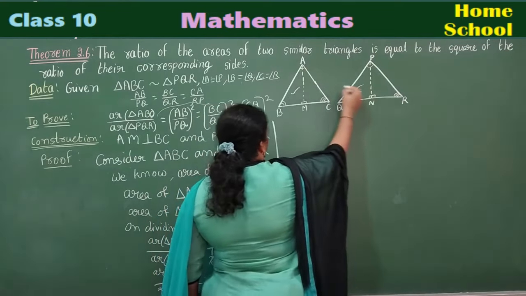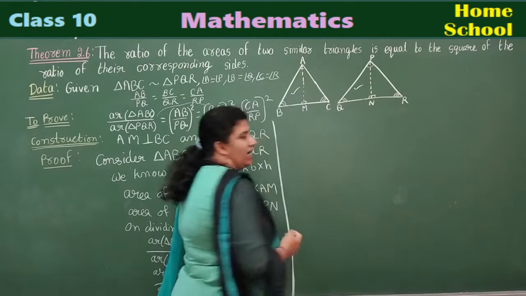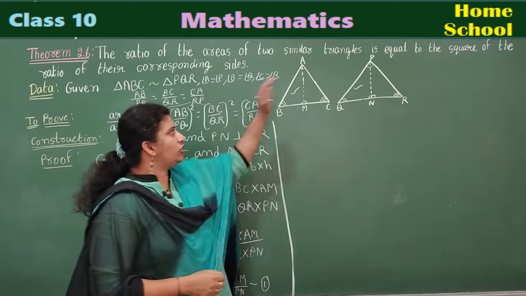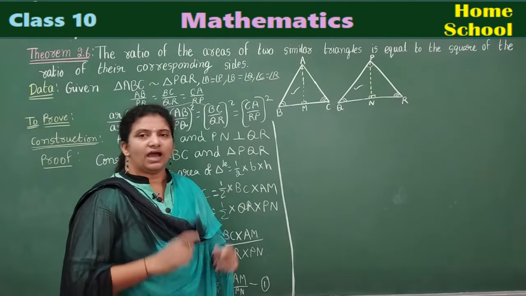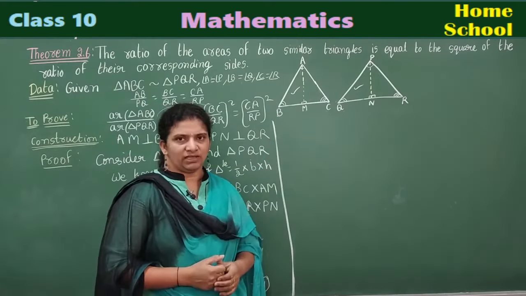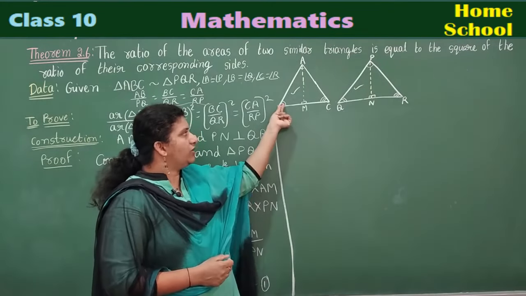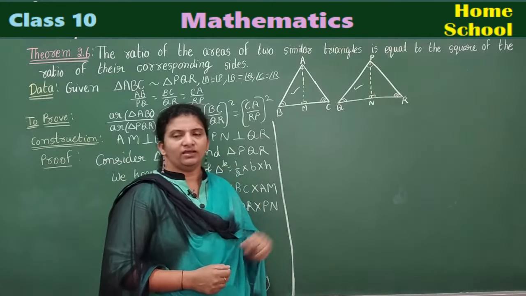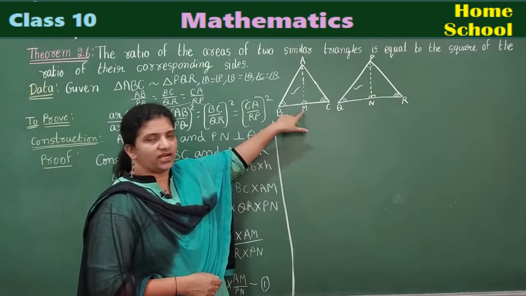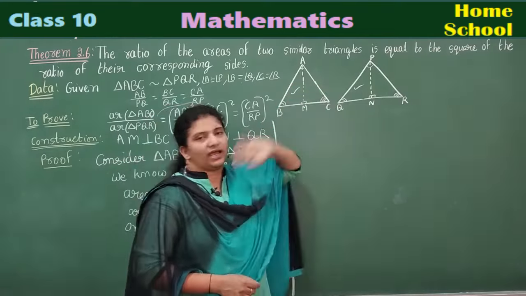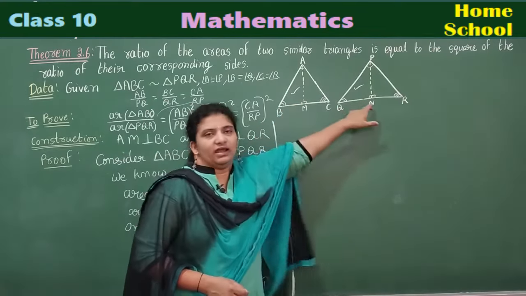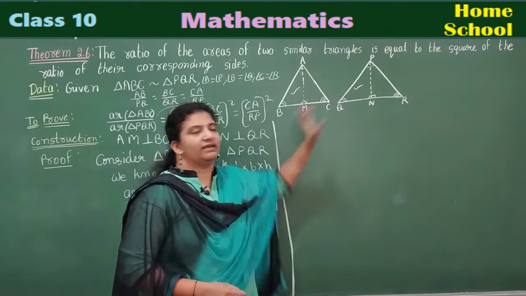See this, children? I'm going to take only one part of a triangle. Why? I know that the full triangles are similar, so according to that, angles are equal, right? I have drawn the perpendiculars, so this angle is equal. When I compare this small triangle, 90, 90, angles equal.